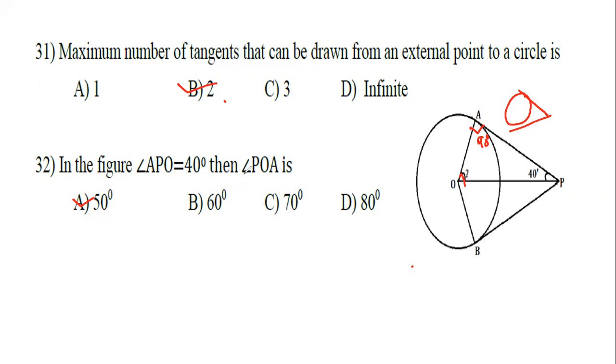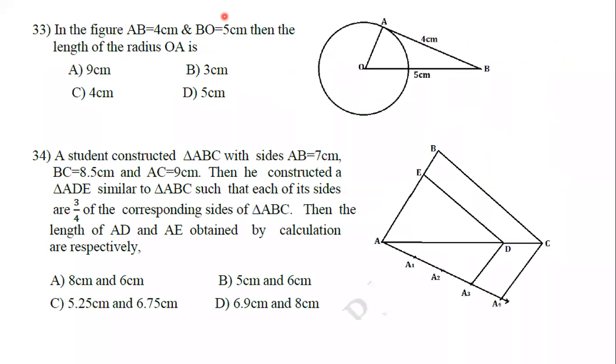Next question is the 33rd question. In the given figure, AB is equal to 4 centimeter and BO is equal to 5 centimeter. Then the radius OA is dash. So here again, apply Pythagoras theorem.